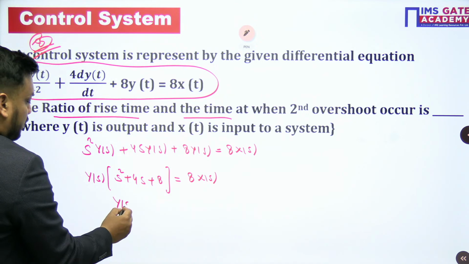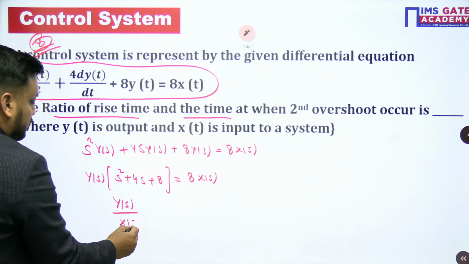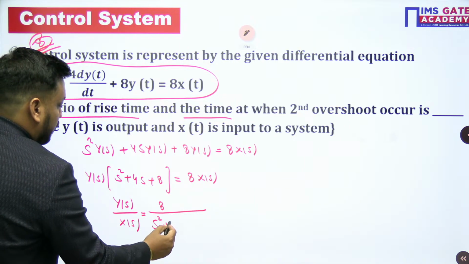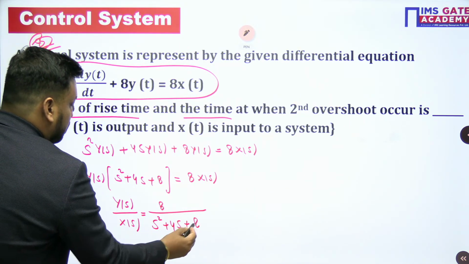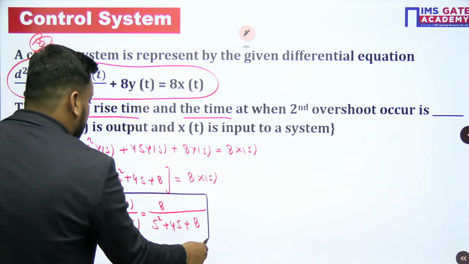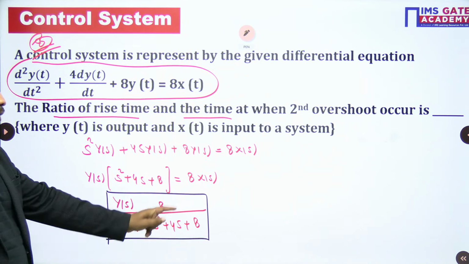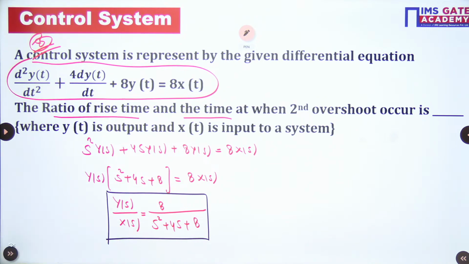So ultimately you will get Y(s)/X(s) equal to 8 upon s² plus 4s plus 8. This is your transfer function, guys.